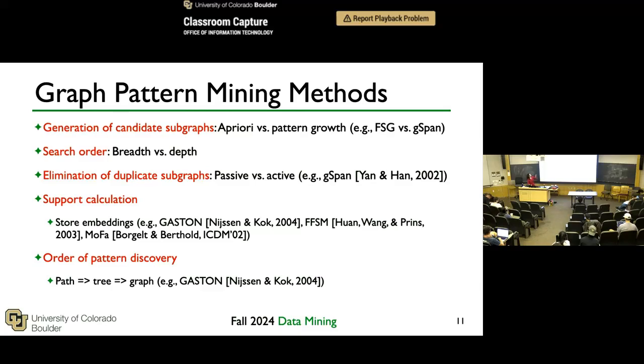Okay, so there's the general idea of the generation of the candidate subgraphs. You can grow your substructure. And then the search order is also interesting, because when you have a graph, you can have different ways of adding edges or vertices. Do you want to do breadth first or depth first? This is the standard thing in any search process. Either I add an edge, continue adding until I have to stop and come back, or I try different ways of adding one edge before I go to the next round of adding another edge.